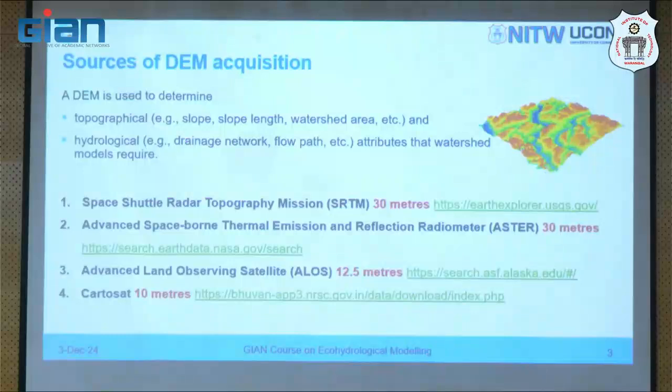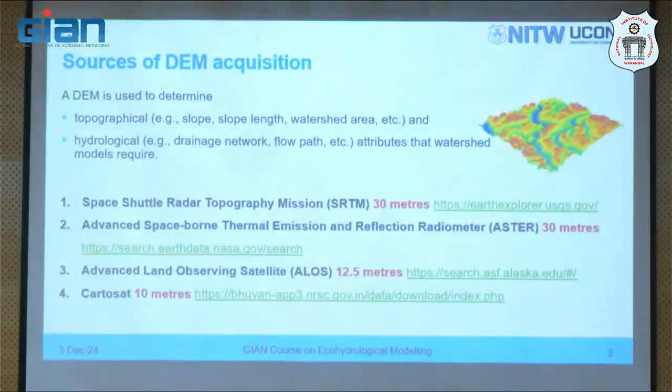So commonly the SRTM DEM is used. SRTM and ASTER both come from NASA, but the only difference is in the extent of the location that they cover. ASTER covers a little bit more area as compared to SRTM in terms of the global extent that is covered. So I will just quickly show you how to download a tile for a location using SRTM.